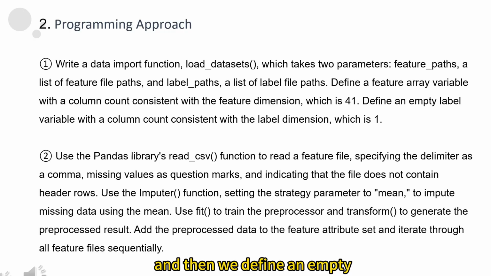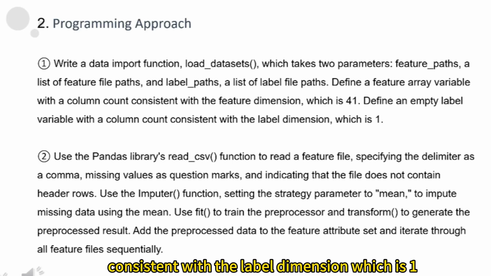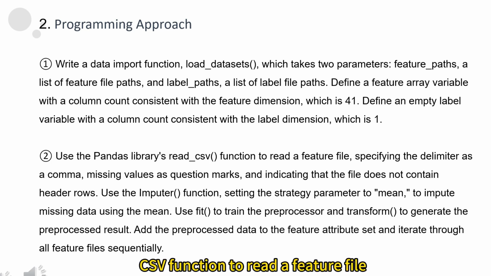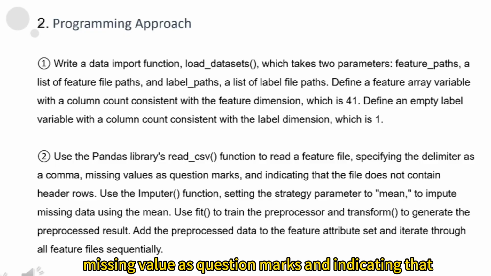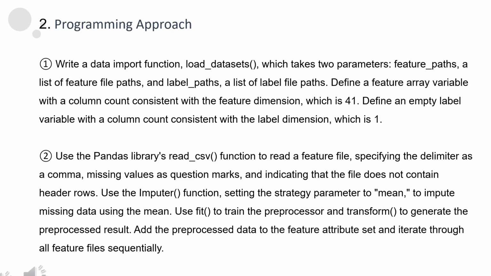And then we define an empty label variable with a column count consistent with the label dimension, which is 1. Then we use the pandas library read_csv function to read a feature file, specifying the delimiter as a comma, missing values as question marks, and indicating that the file doesn't contain header rows.